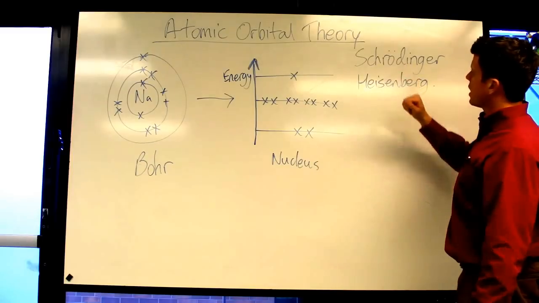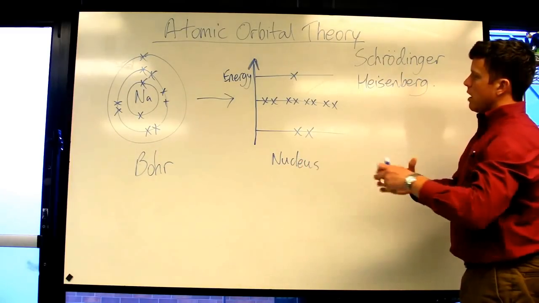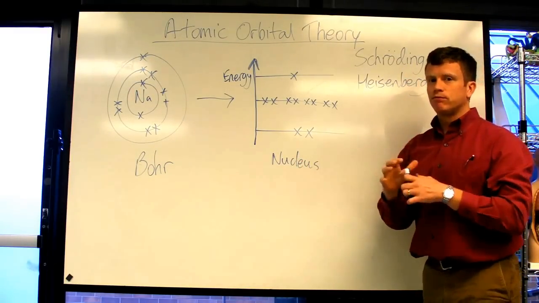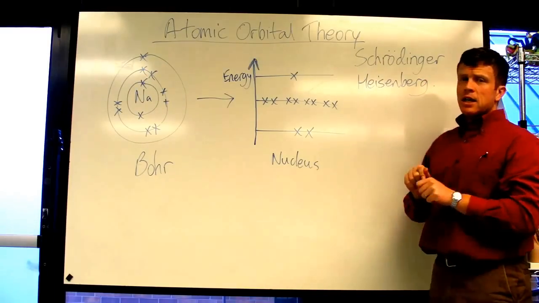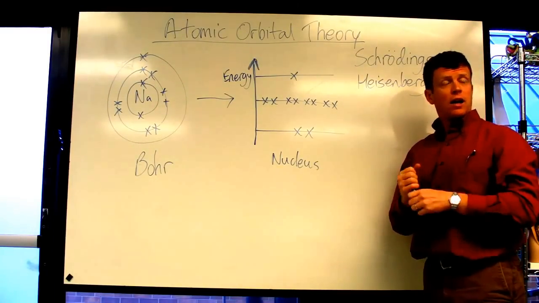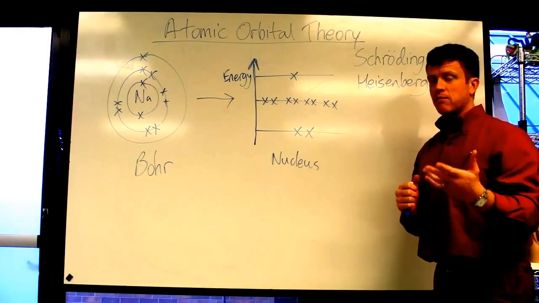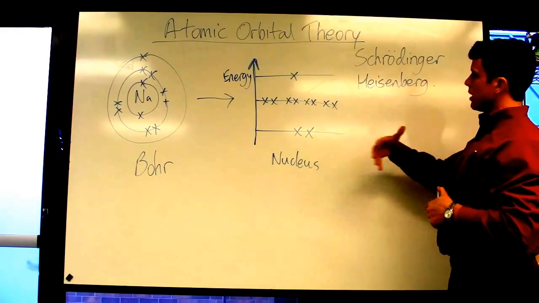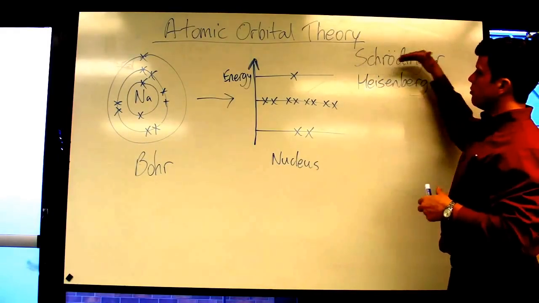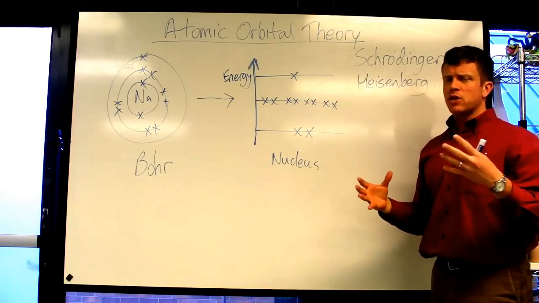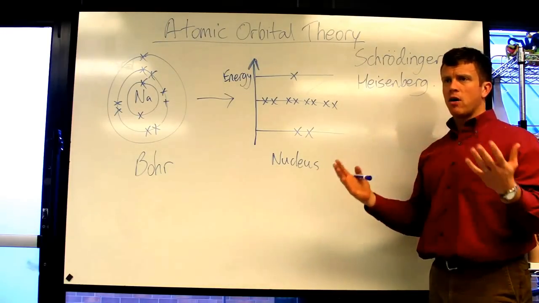So Schrödinger decided that electrons are going to be in a certain area. Heisenberg said you can't predict exactly where the electron is going to be in that area, and you can't predict its velocity. You can't do both at the same time. So the idea of orbital theory developed from Schrödinger, who used a lot of complicated math and a lot of advanced thinking, which is actually beyond this class.